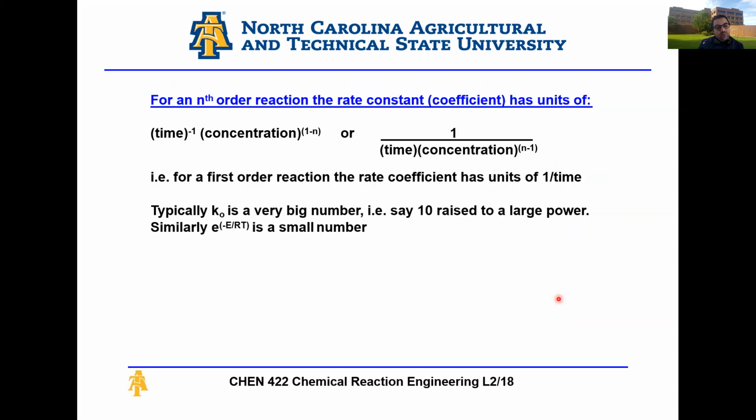And then for an nth order reaction rate constant, this is how you get the units. So just make sure you know this. When it was on the first test, it's a very easy thing to get, and just maybe practice it a couple of times to make sure you don't drop these easy points. But yeah, for an nth order reaction, this is how you get the units for the rate constant.